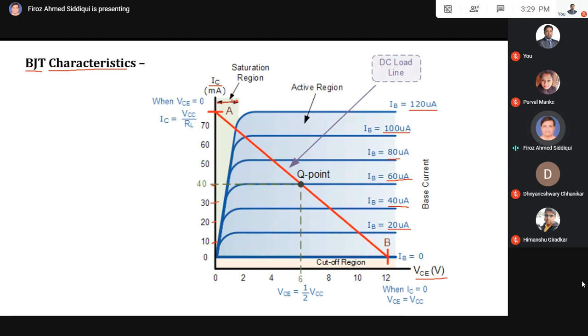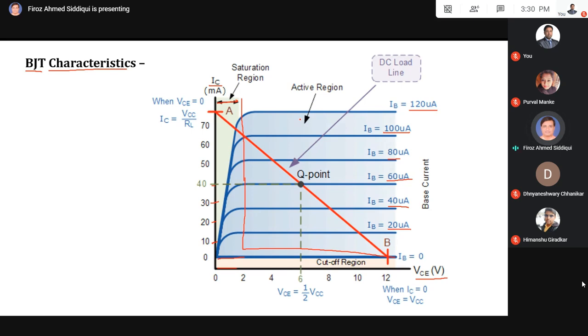This shaded region is called the saturation region. This region here is called the cutoff region, and this region is called the active region. From here to here, this entire region is called the active region of the transistor.